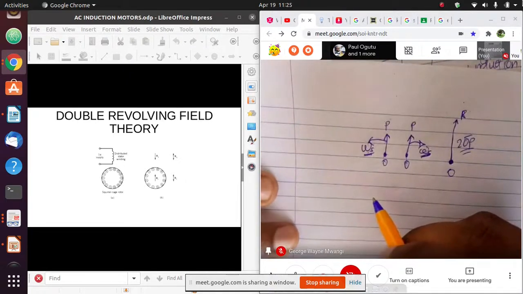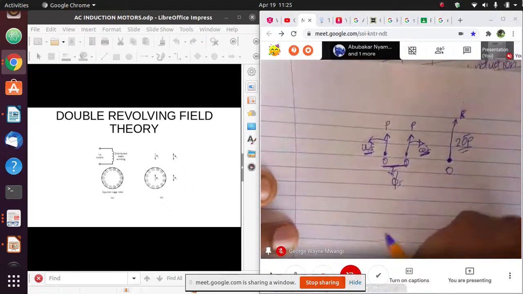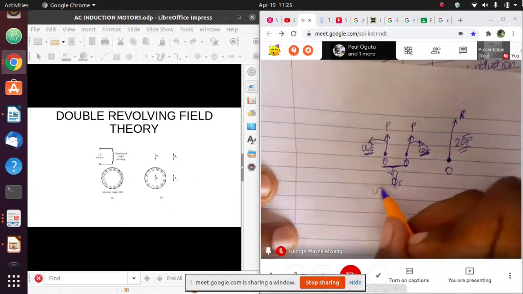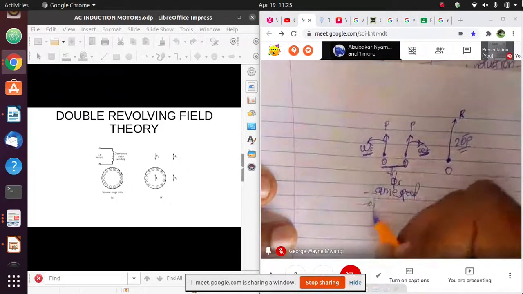Okay. Now, these vectors are representing the flux. These two vectors are rotating at the same speed, but in opposite directions.